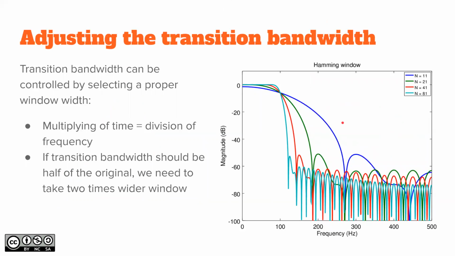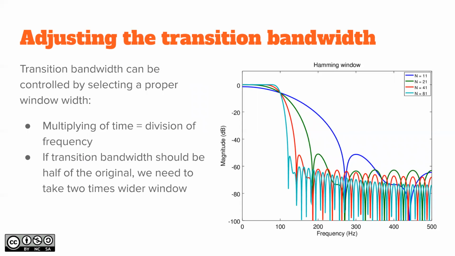Third parameter, when we think back, there was that passband, stop band, and then the transition band. So the transition band is basically where the stop band begins.